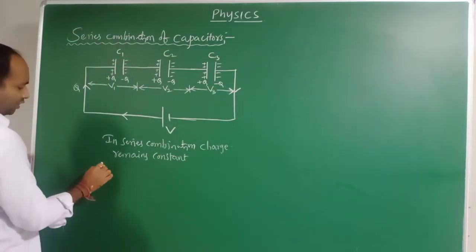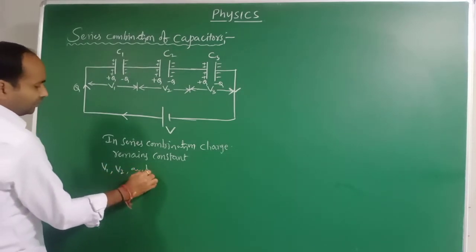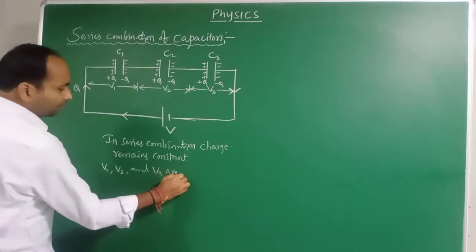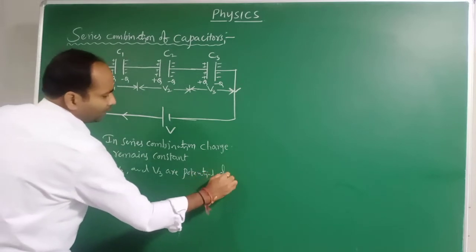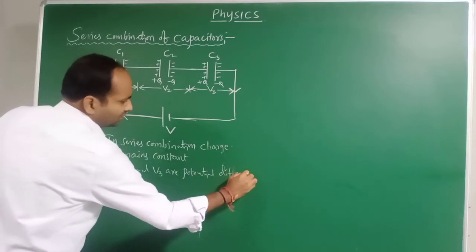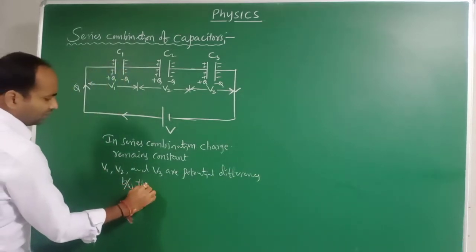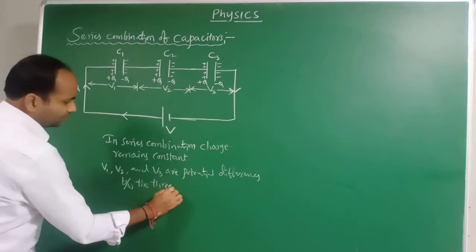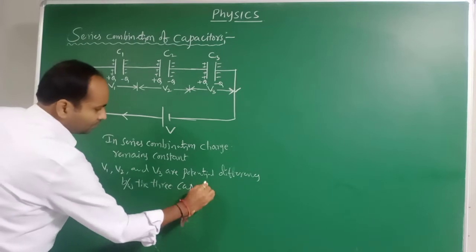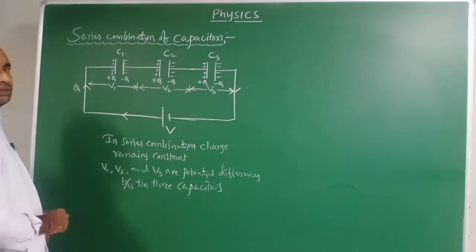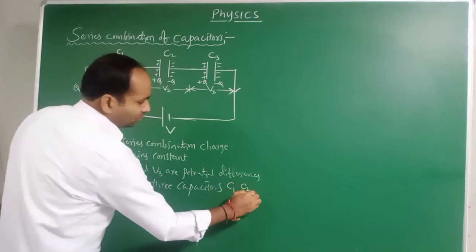V1, V2 and V3 are the potential differences across the three capacitors C1, C2 and C3.